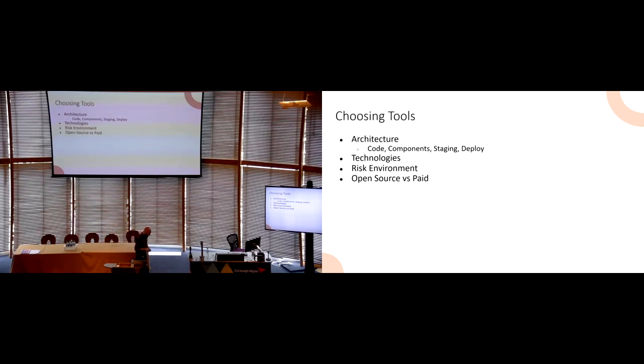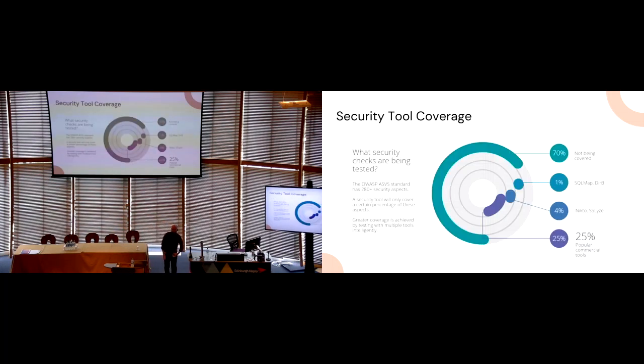Once you start looking into the tools themselves, do you want to go for open source or paid? They have a big impact on the kind of utility and usability you can get out of these sorts of systems. When we look at these products and tools, the application security product landscape is insane. There are hundreds of tools, and they're all super useful in their own way, but you have to cobble them together to get proper coverage.